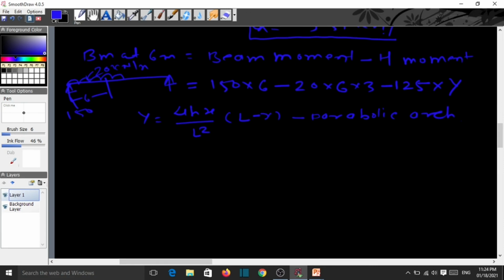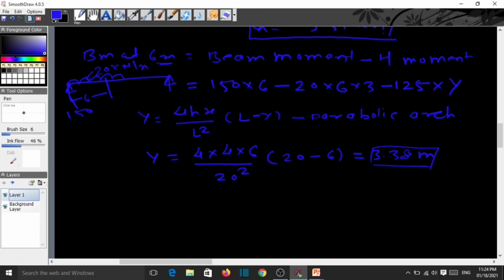So here y is equal to 4, h is equal to 4. Now x is equal to 6 meter, because we want the bending moment at 6 meter. So 6 divided by 20 square, 20 minus 6. So that is equal to 3.38 meter. So we got here the y.